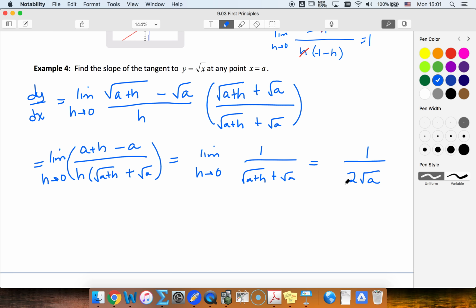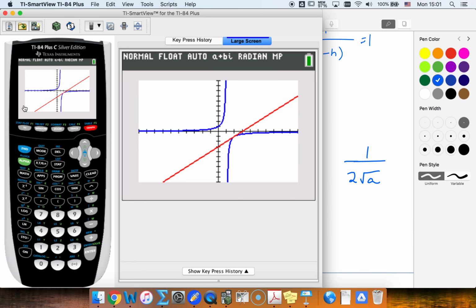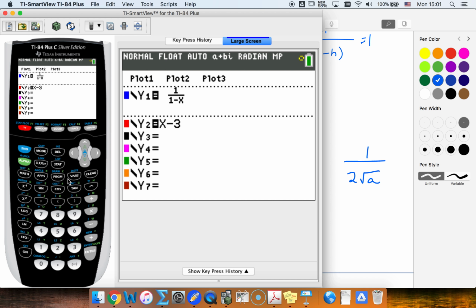So this tells me that I can find the slope of the square root function at any point a by evaluating 1 over 2 root a. So let's think about that. If I come in and graph this, so I'm going to graph the square root of x.